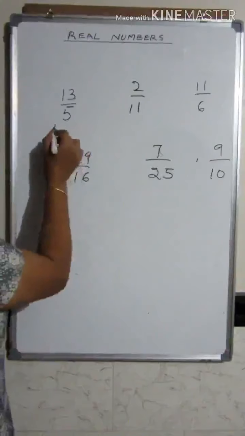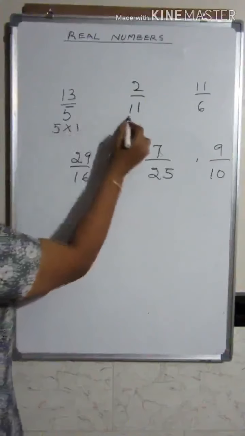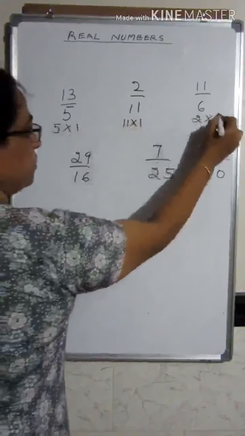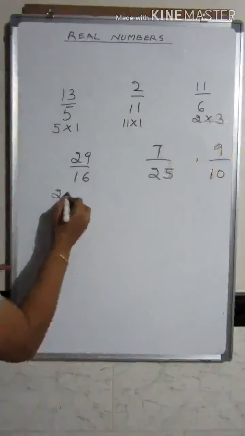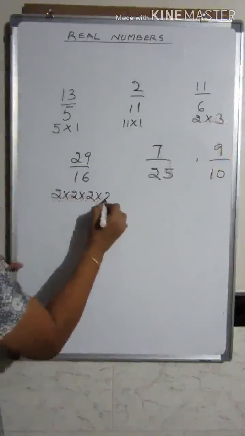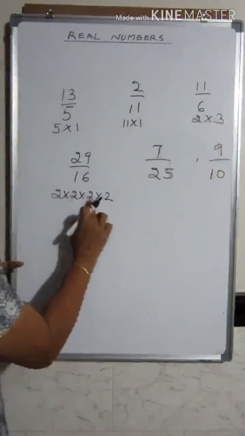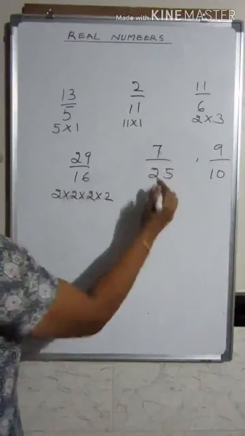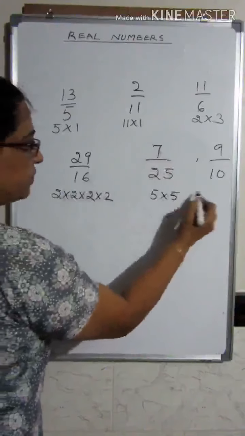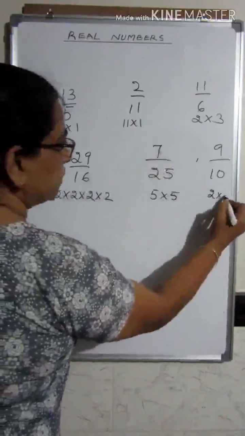So here 5 you can write as 5 into 1, this you can write as 11 into 1, this as 2 into 3, this as 2 into 2 into 2, 2 twos are 4, 4 twos are 8, 8 twos are 16 you get, and here you can write this as 5 into 5, and this you can write as 2 into 5.